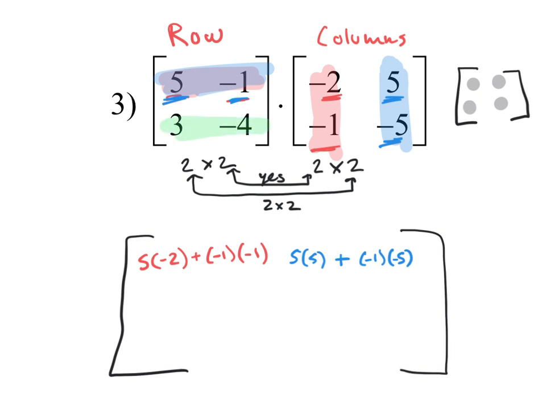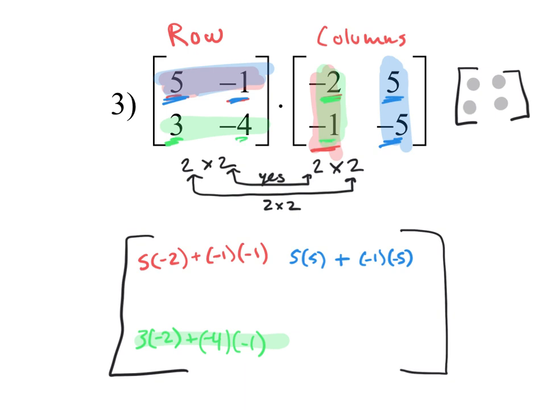So now we have second row, first column, which is going to go here in our second row, first column. So what do we do first? 3 times -2, plus, what's next? -4 times -1.